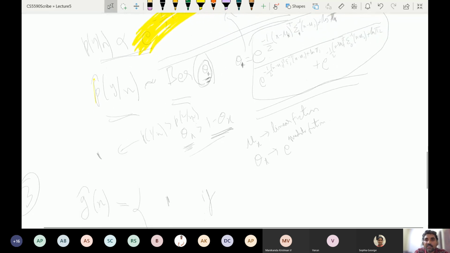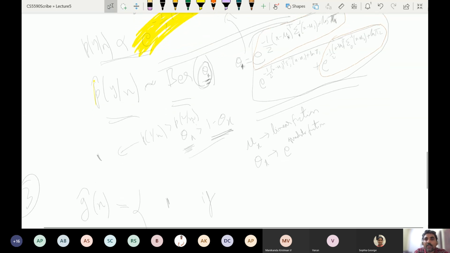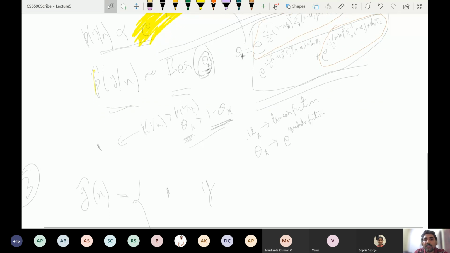So in other words, this quantity should be greater than this quantity. That's all, right? Now e is a monotonic function, so I can simply compare the exponents instead.